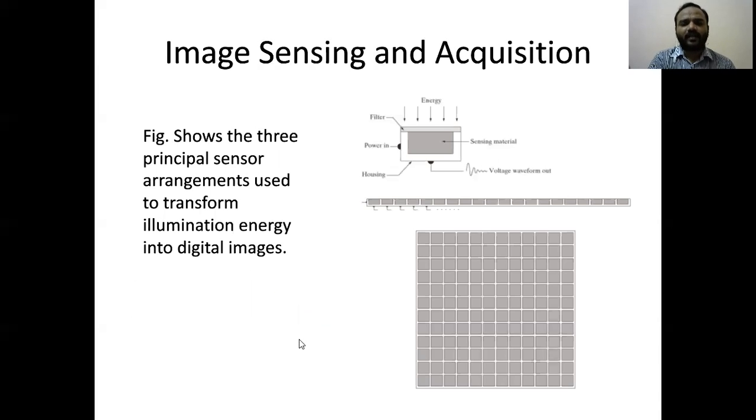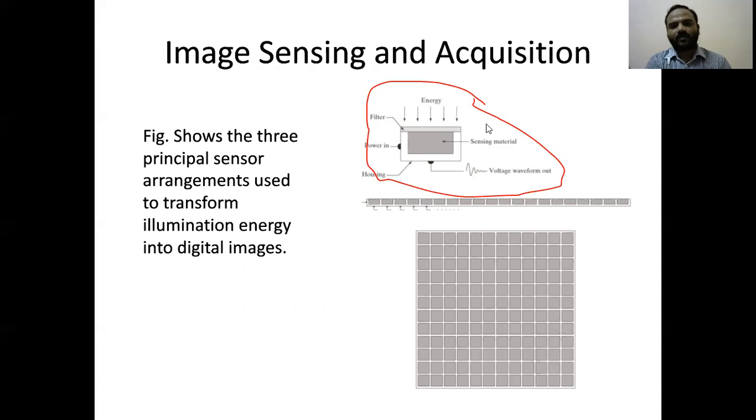Now in this slide, we will see a basic element called the sensing element of the digital image, called a sensor. This consists of the following: energy falls from here, there is a filter for that, and then the sensing material is housed in this housing.